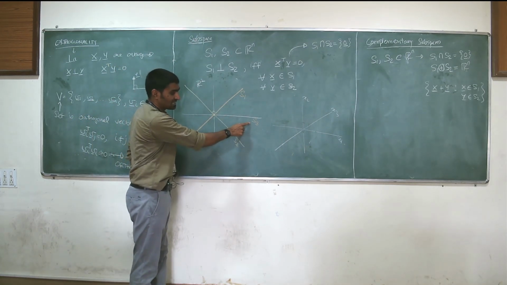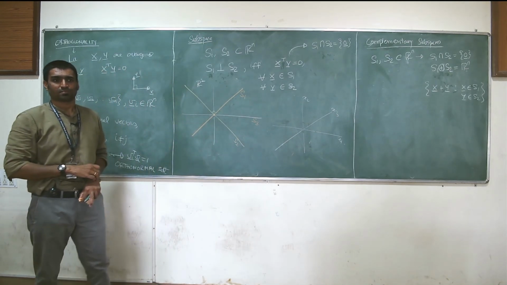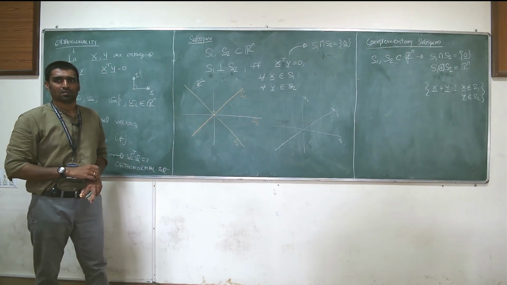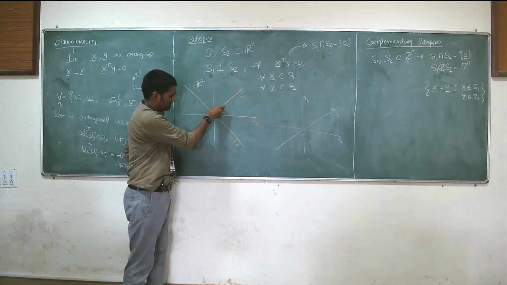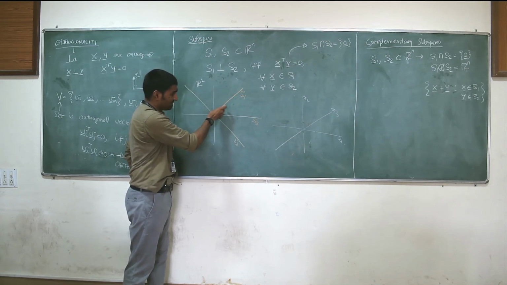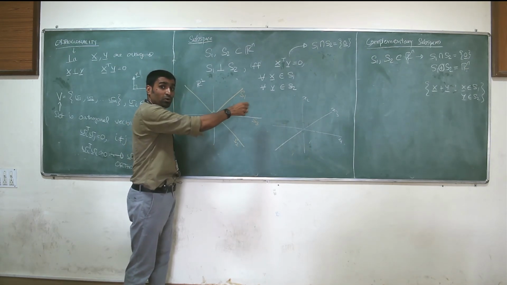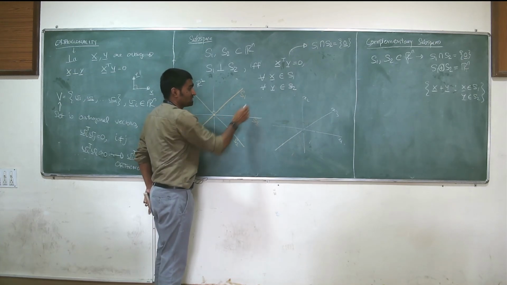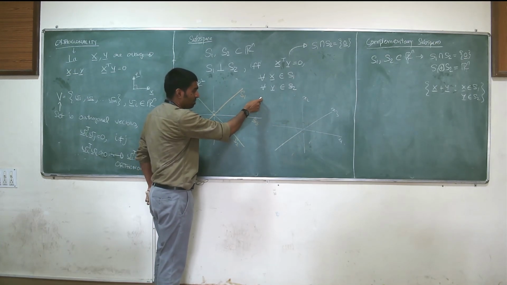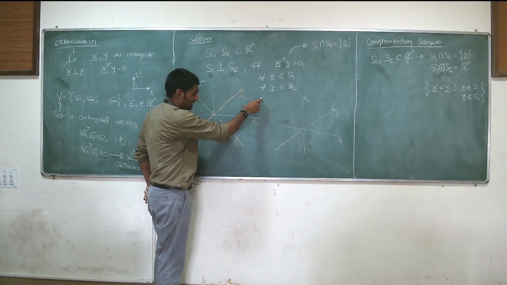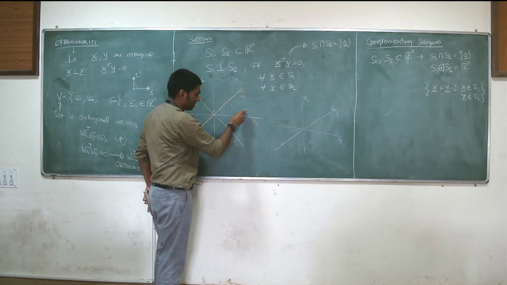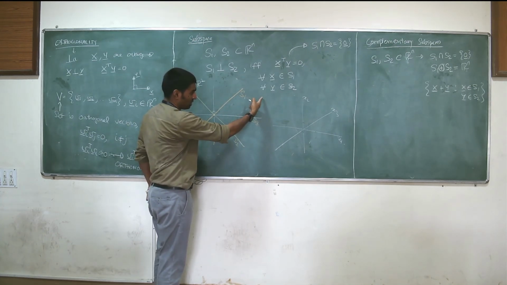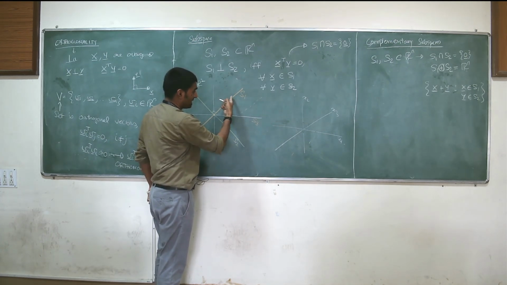What about S1 and S3? Complementary again, right? With vectors along this direction and vectors along this direction, I can generate any point. If I want to generate this point, I simply draw a line parallel to this line and see where it meets S3. Then I draw a line parallel to S3 until it meets S1.